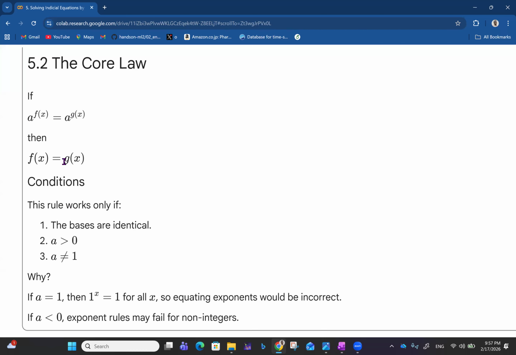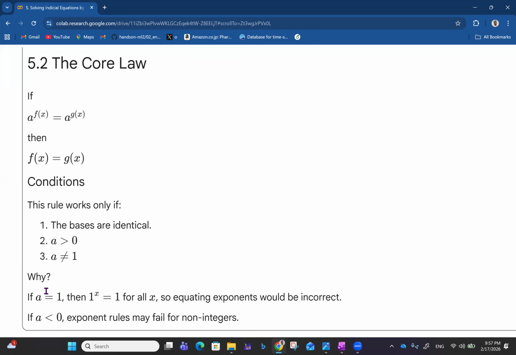First of all, this rule works only if, number one, the bases are identical. That is, this is a and this is a. But that's not enough. Number two, a is greater than 0. If you have a to be 0 or negative, that won't work. Number three, a must not be equal to 1, because if a is equal to 1, there's no point, because 1 raised to any power is equal to 1, right?